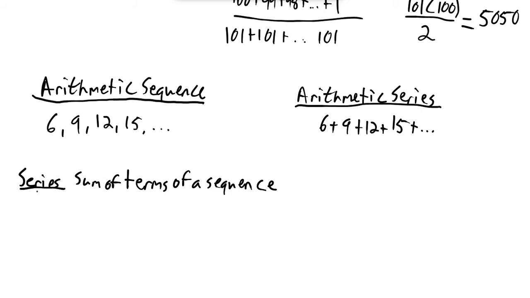Now we actually have two different types of series. There are finite and there are infinite series. A finite series is a series where we have a known start and end term.